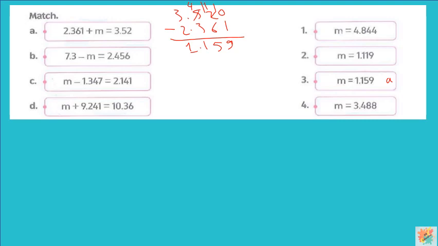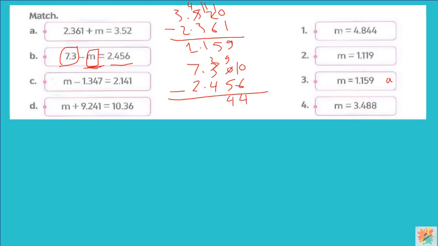Letter B. 7.3 minus m equals this number. Be careful: since you want to get the second number, and I have the greatest, the biggest one of them, what do we do? We do minus as it is. So if I want to get the second number, we do minus as it is, we don't change it. Okay, let's subtract. 0 0 and start. Here it's 2, here it's 9, here it's 10. 10 minus 6 is 4, 9 minus 5 is 4. 2 minus 4 can't be, so here it's 6 and here it's 12. 12 minus 4 equals 8, bravo, and here it's 4.